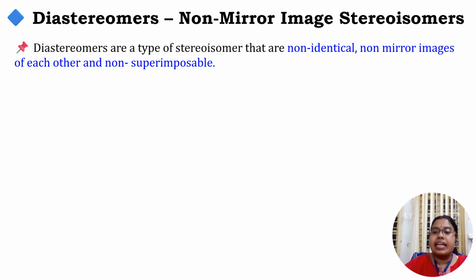Next, the diastereomers. Diastereomers are non-mirror-image stereoisomers. They are a type of stereoisomer that are non-identical, non-mirror images of each other, and also non-superimposable.